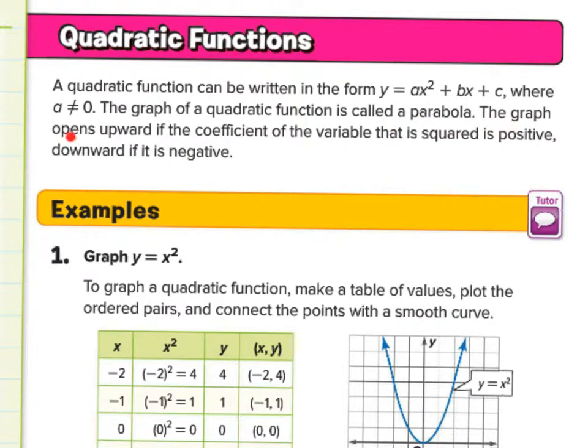The graph opens upward if the coefficient of the variable that is squared is positive. So it will open upward if the coefficient, the number that we multiply times the variable, is positive. It'll open downward if it is negative. If it's a negative coefficient. So let's see what we mean by that.